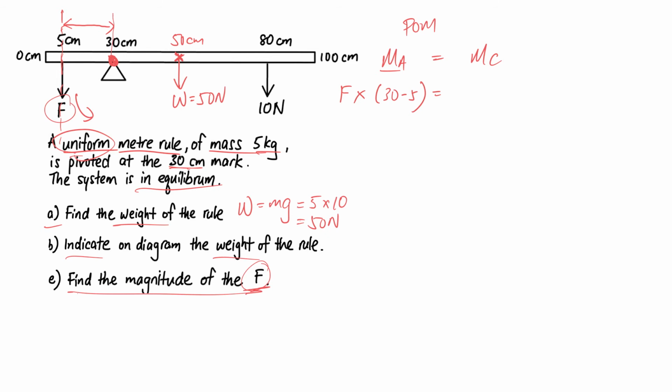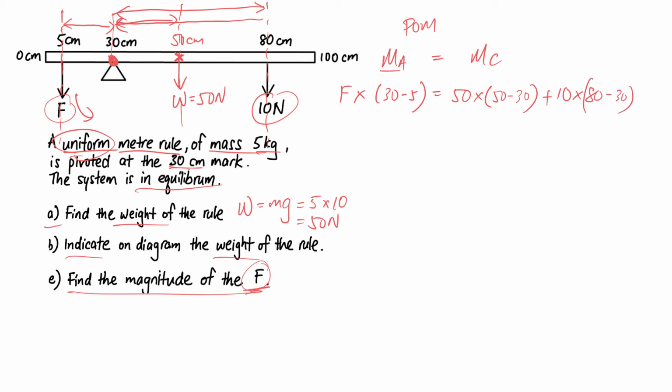And the next one here, clockwise, which is your weight of the ruler, 50 times the perpendicular distance from the line of action of the force all the way to the pivot, so it's 50 minus 30, and plus, because there's another 10 Newton here that's creating clockwise moment, 10 times the perpendicular distance from the line of action of the force all the way to the pivot. So it's all the way from here to here, so it's 80 minus 30 because the pivot is at the 30 cm marking. So the rest is math.